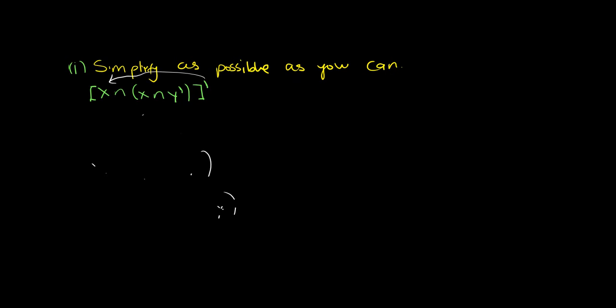All right. So what you are going to do is now you say x intersection, open bracket, x intersection y complement, like that, then curly bracket complement, all right?